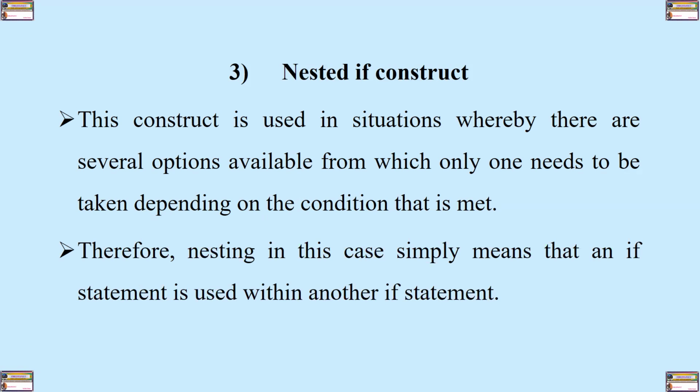In other words, the difference between nested if and if else is that for if else, only one condition was checked. If it is true, a block was executed. If it was false, another one was executed. Now, those were only two options. But in this case, for nested if, there are several options that you can take.